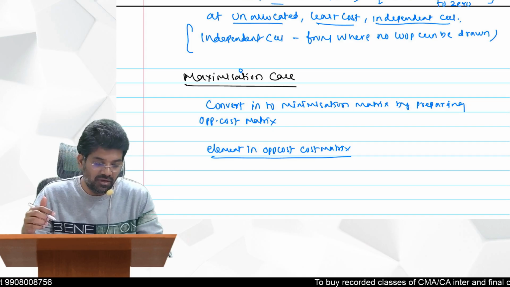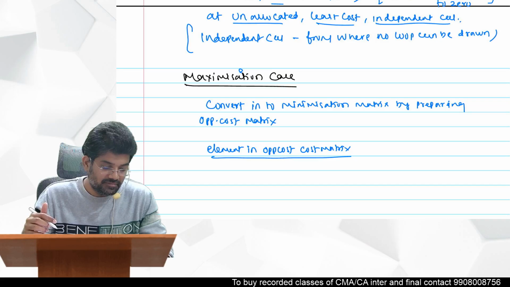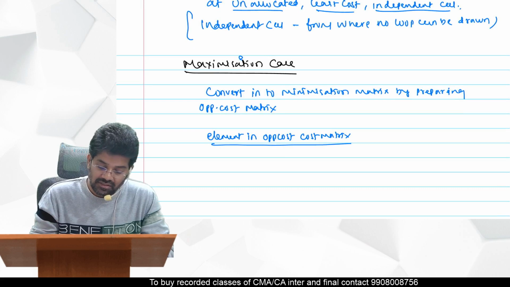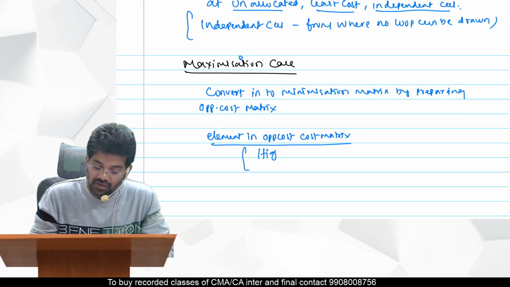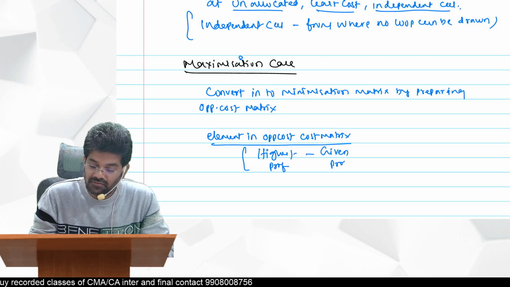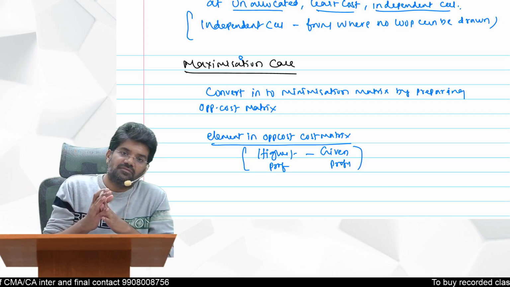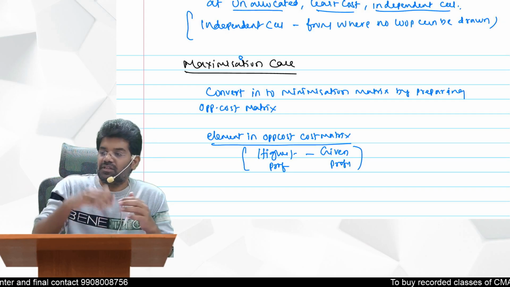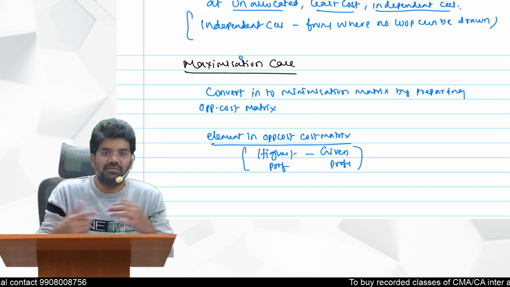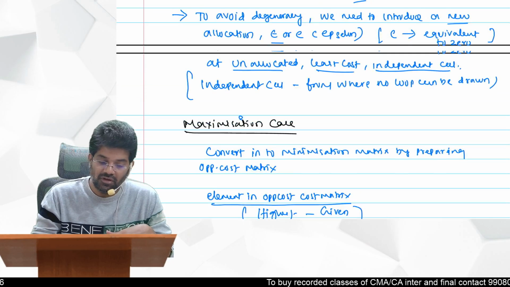This is what we should do when you have a maximization problem. Take the highest profit figure out of that matrix minus the given profit figures. Then you will get the opportunity loss matrix. For that you should apply the transportation steps for minimization.